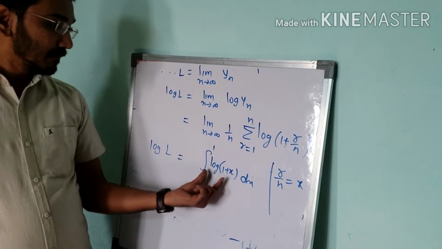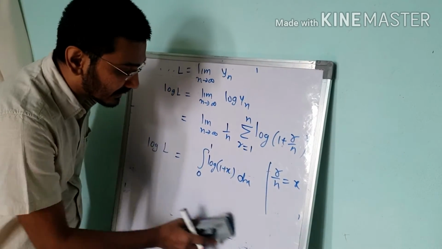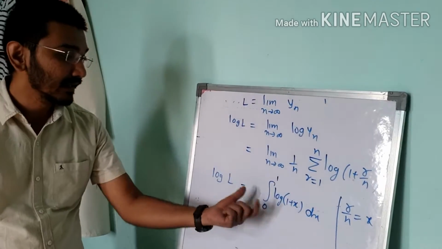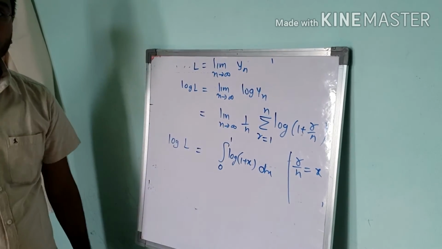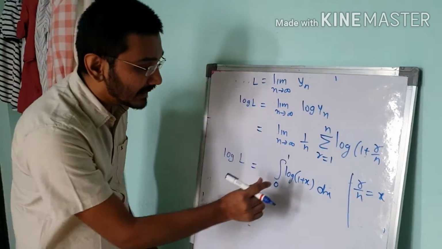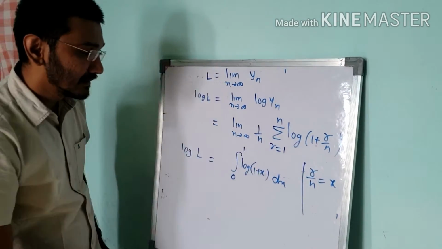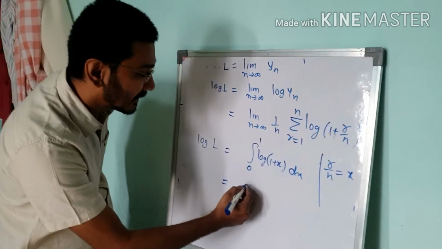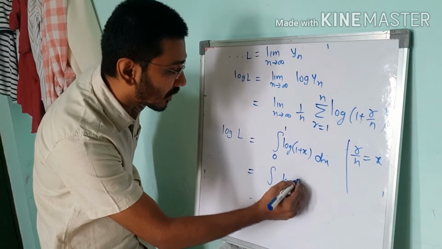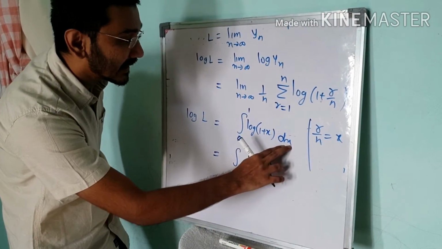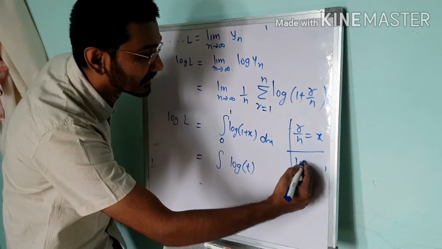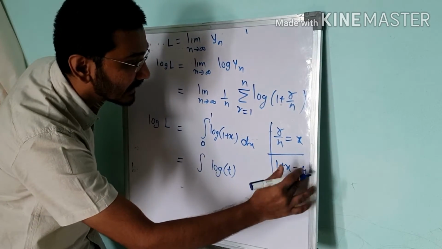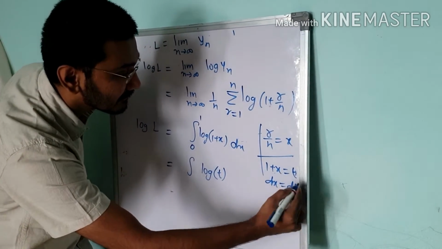So integration of log of 1 plus x is still a little difficult. It will take time if I solve it by integration by parts. So what I'll do, I will replace this 1 plus x by t. Then this will become log of t, and dx will become dt.